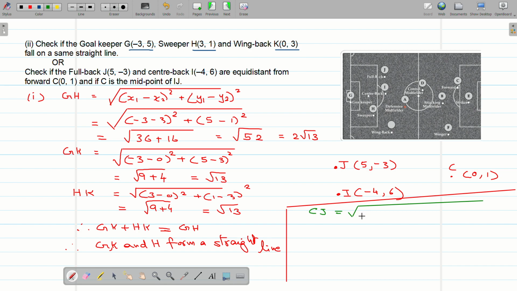So 5 minus 0 the whole square plus minus 3 minus 1 the whole square, 25 plus 16, square root of 41.